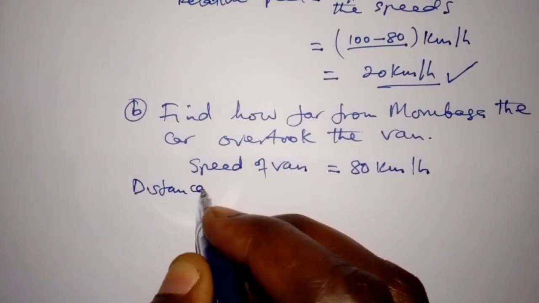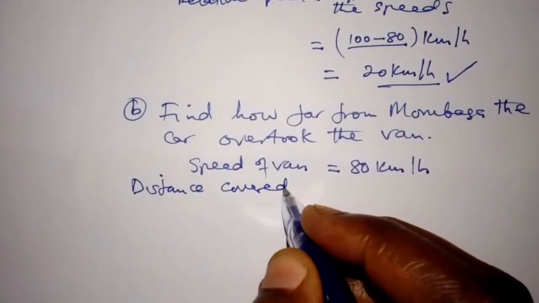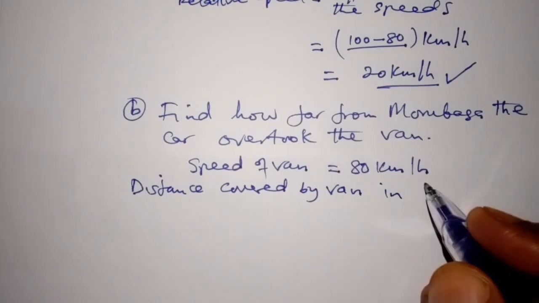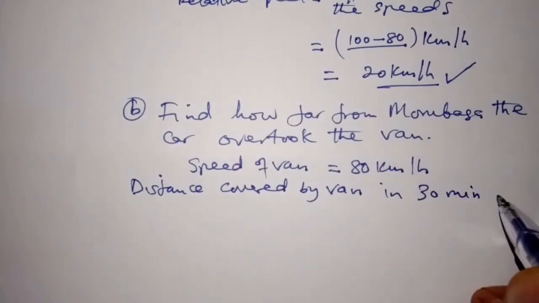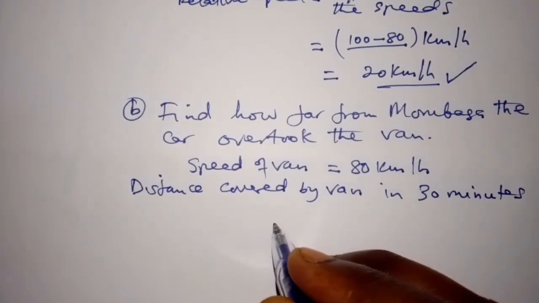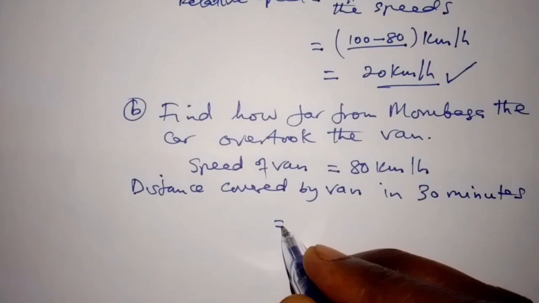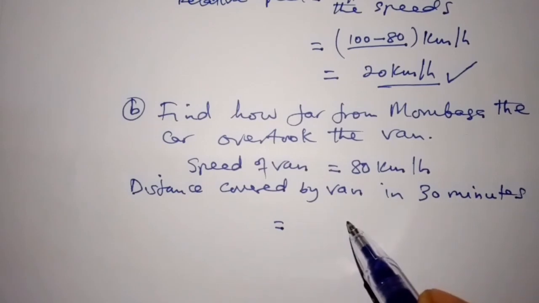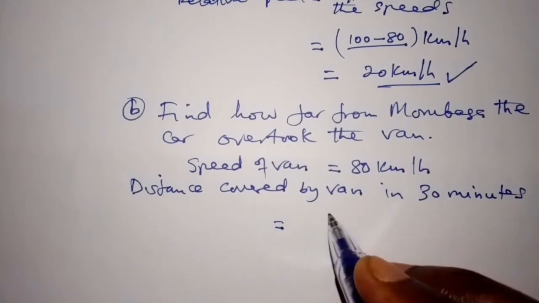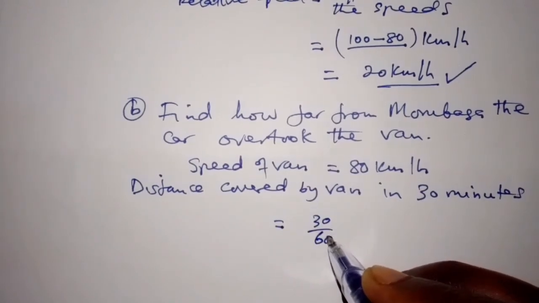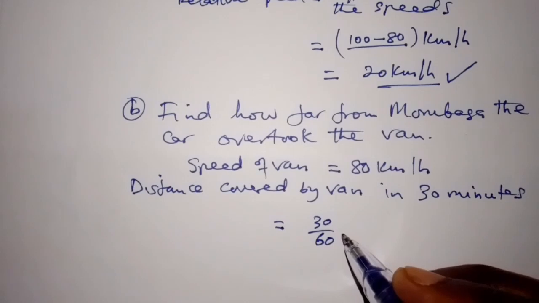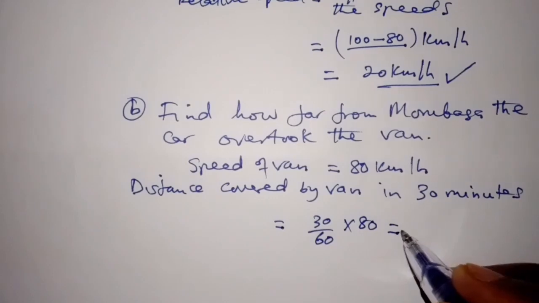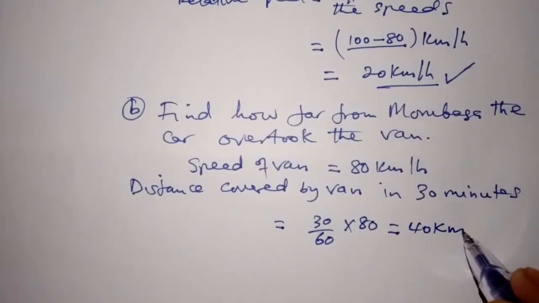Distance covered by van in 30 minutes will be, if the speed of van is 80 km per hour, 30 over 60 hours times 80, and that is going to give us 40 km.